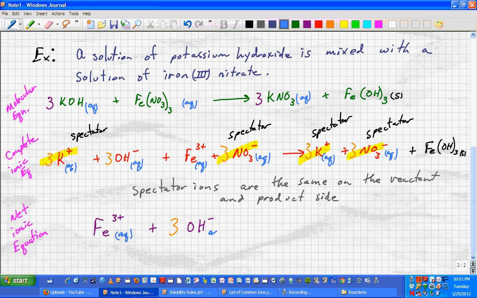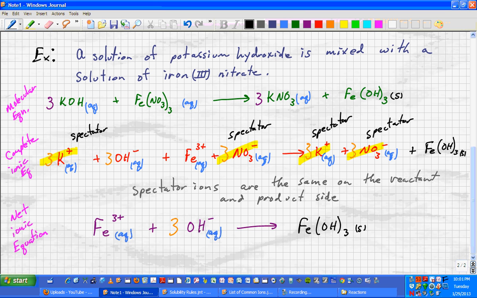Those guys are also aqueous to produce. The only thing left on this side is my iron 3 hydroxide, FeOH3, as a solid. So that is my net ionic equation.